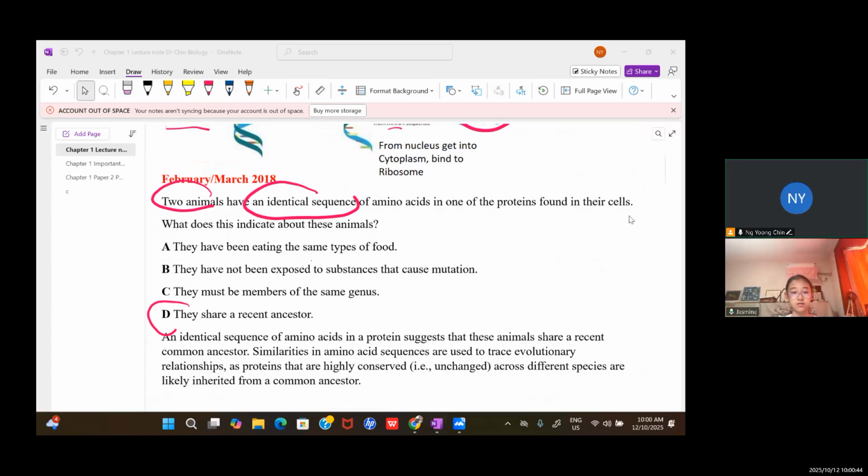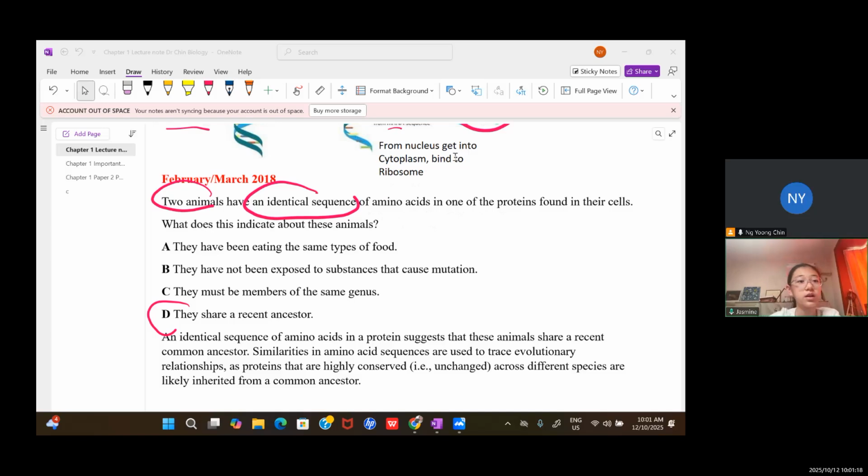So why is it D? Because the sequence of amino acids is identical, that means the sequence of the bases in the DNA is very similar, so they share a recent ancestor. Yes, correct. So if you have a very similar sequence of DNA, how about the amino acids?